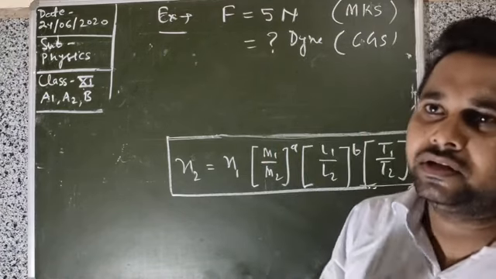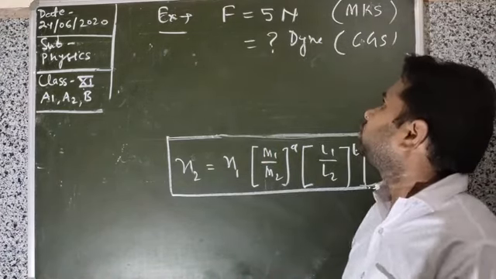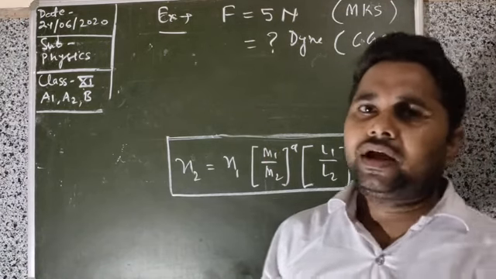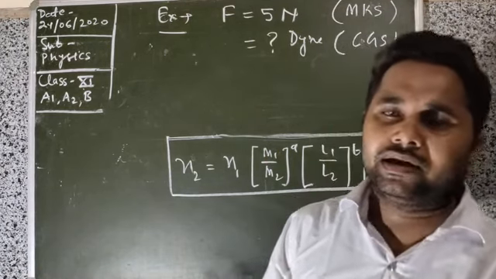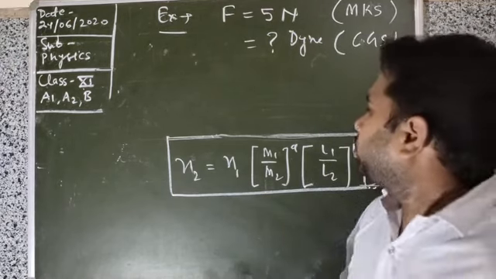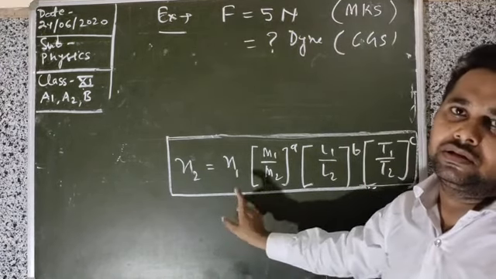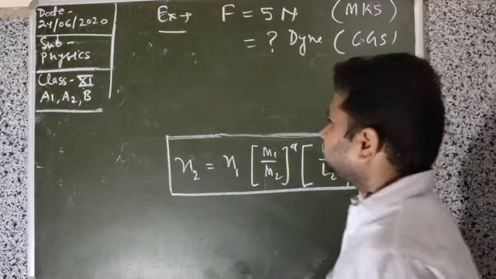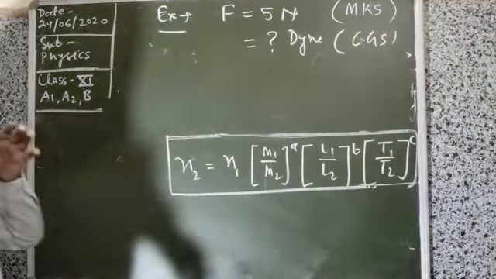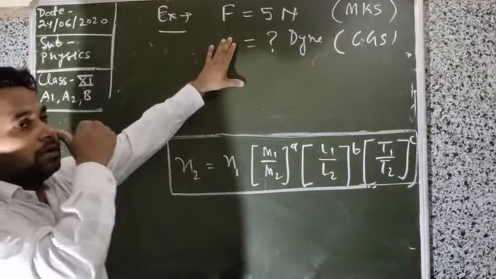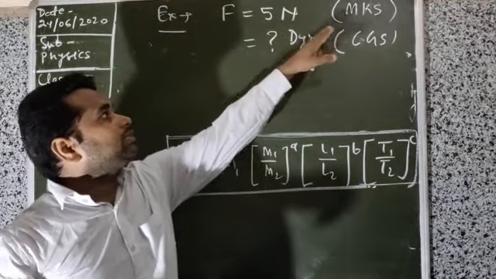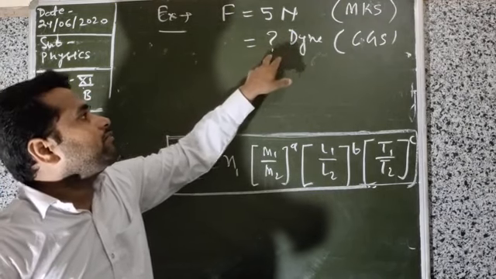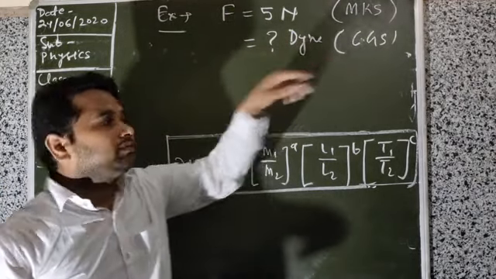But if the question asks to solve this problem using the dimensional method, you can't use the direct relation between Newton and dyne. You have to use this formula. So let's use it. There is a problem here: 5 Newton in MKS, and you have to find the numerical value of the force in the second system, that is CGS.